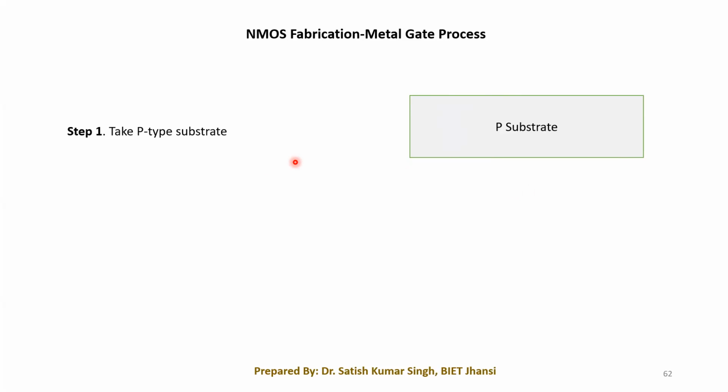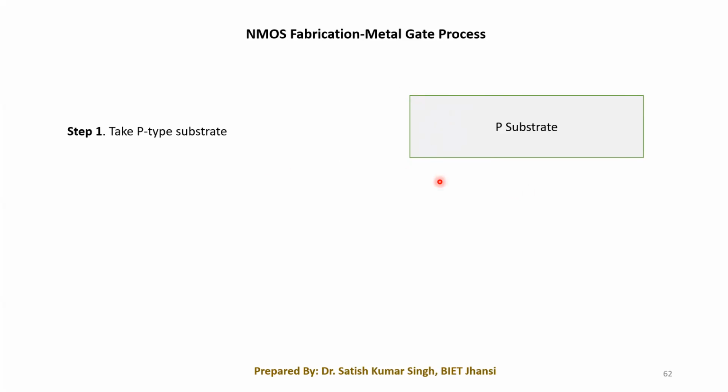So after growing the crystal, when we cut the wafers, the crystal will already be a P-type substrate. Otherwise we can also have some other method to get the P-type substrate. So first we take the P-type substrate, or P-type wafers.